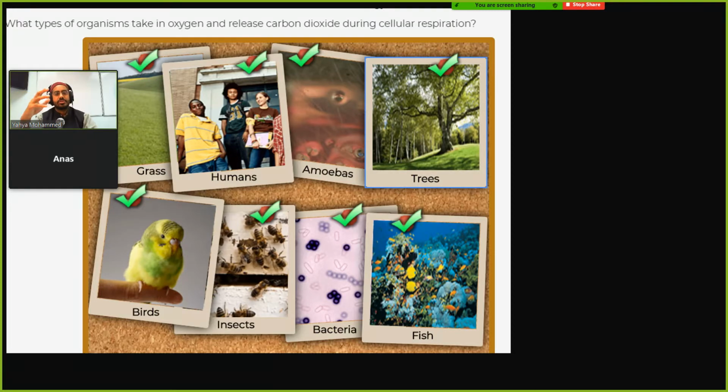Grass, humans, amoebas, trees, all living things can use oxygen. Not every single living thing actually uses oxygen. There are some kinds of bacteria and stuff like that that actually don't need oxygen. But most living things are going to use oxygen for this purpose, in order to make energy.